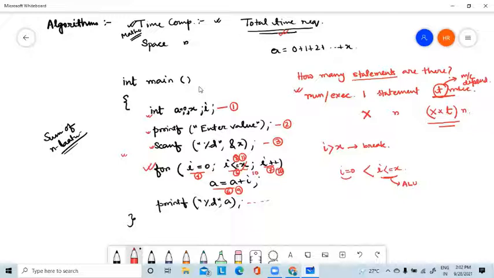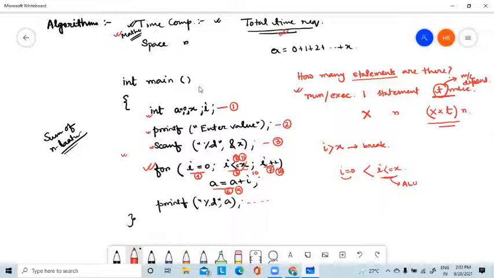Because if I run one algorithm on a faster processor, it will take less time. If I run the same code on a slower processor, it will take more time. So from that, we cannot compare which one is best. Okay, that's why we have some mathematical formulation or representation for the time complexity.